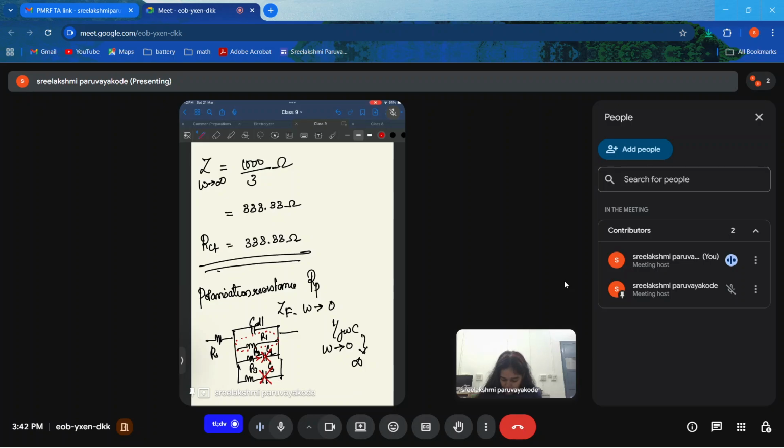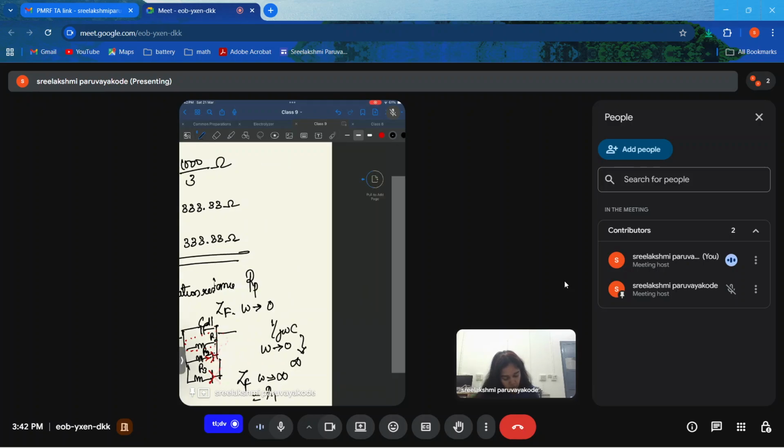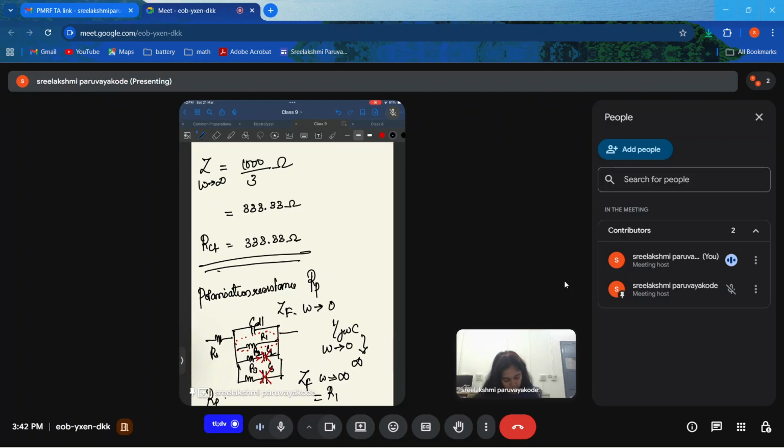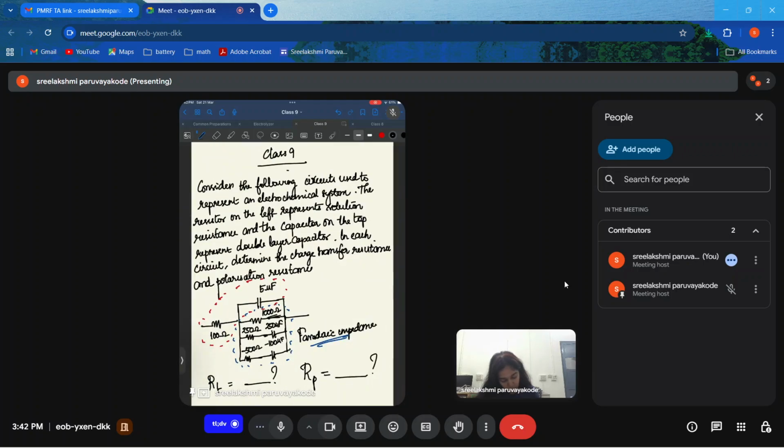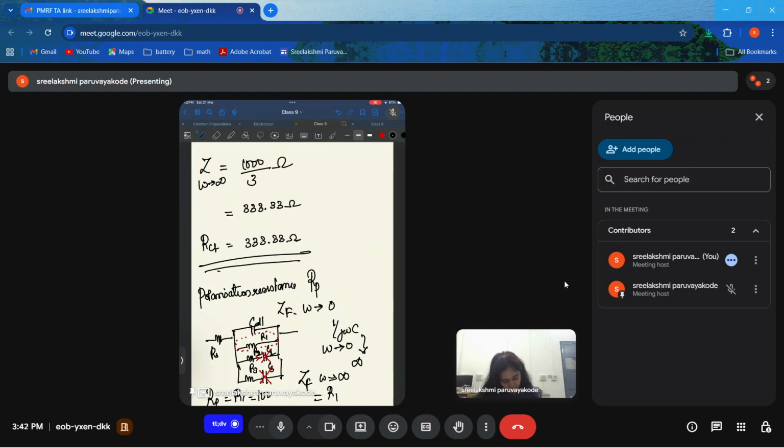So in this case, the Faradaic impedance when omega tends to 0 becomes R1. So this means Rp equals R1. And what is the R1 value? This is 1000 ohms. So this is how you have to solve this question.